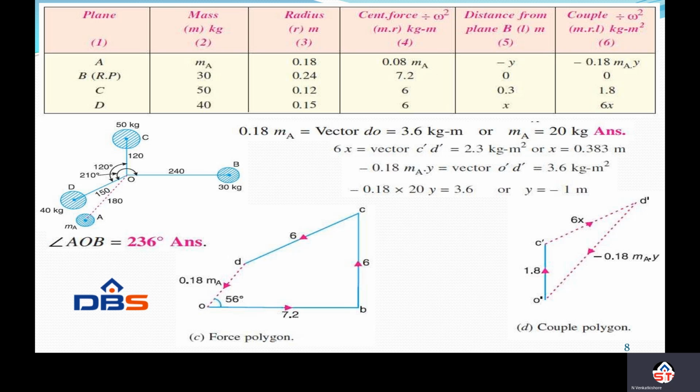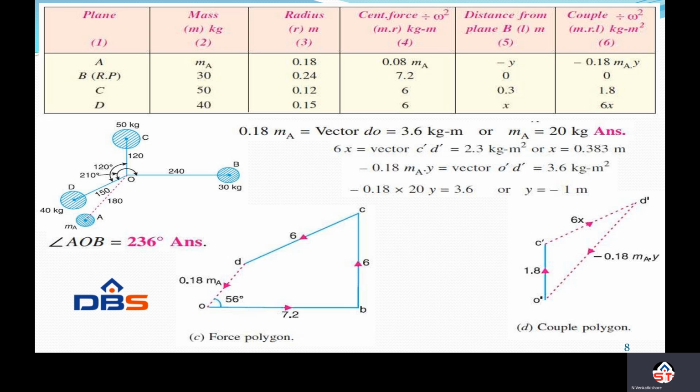That we need to find out from the force polygon. So leave the D or couple polygon aside and come to the force polygon. Here in the force polygon, A is what we need to find out. Keep that aside and draw B as a reference, which is of length 7.2 on the right side.